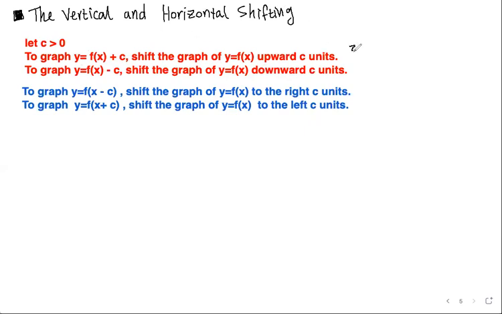Here, vertical shifting. Here, horizontal shifting.